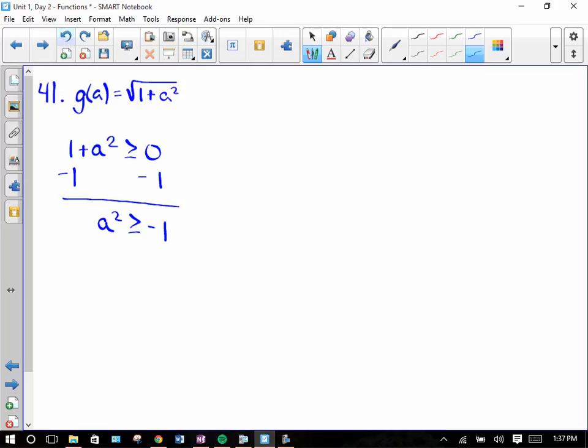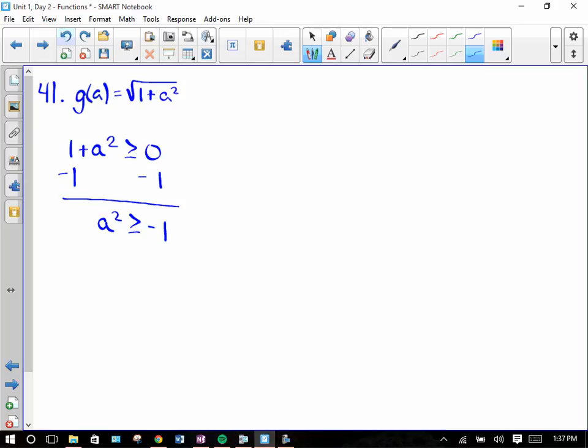Can I square something and never get a negative number? Right now, it's saying that a squared could potentially be -1. Can a squared ever be -1?